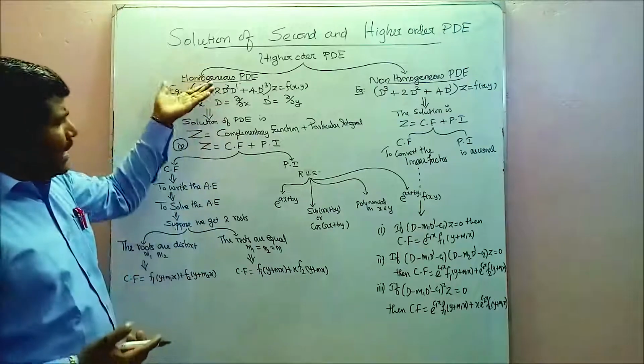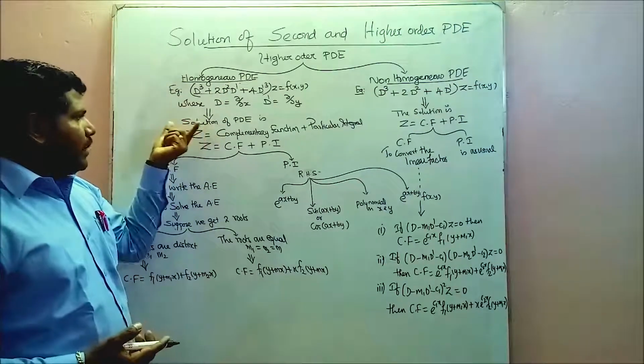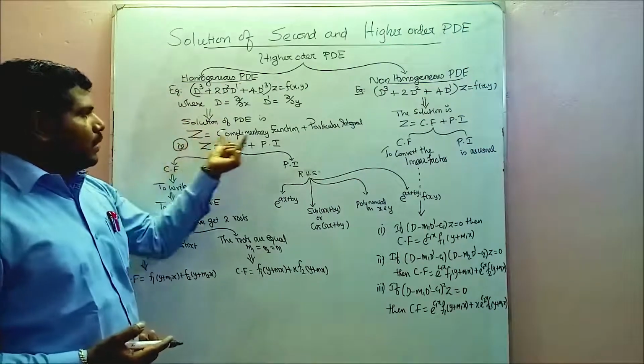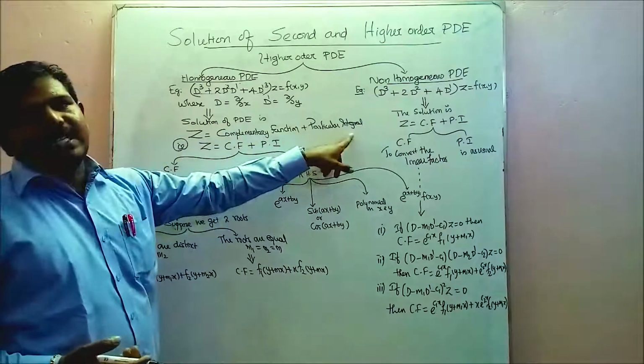If you take a homogeneous partial differential equation, its solution is z equal to complementary function plus particular integral.